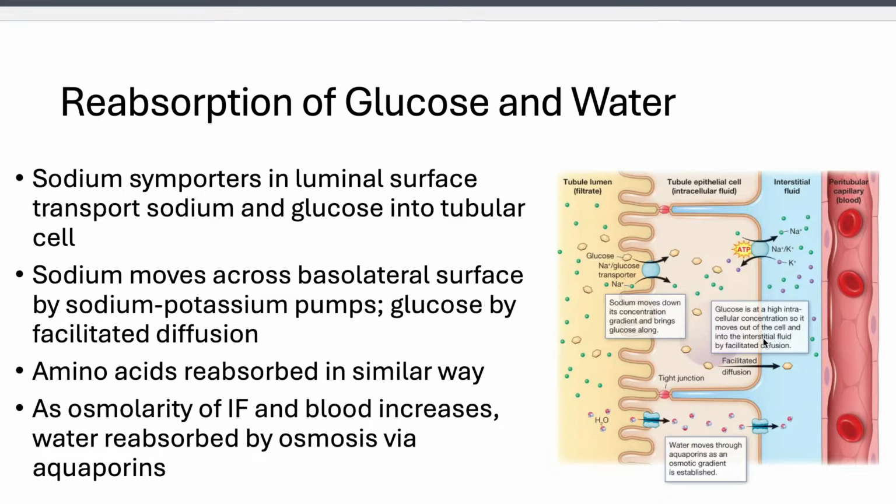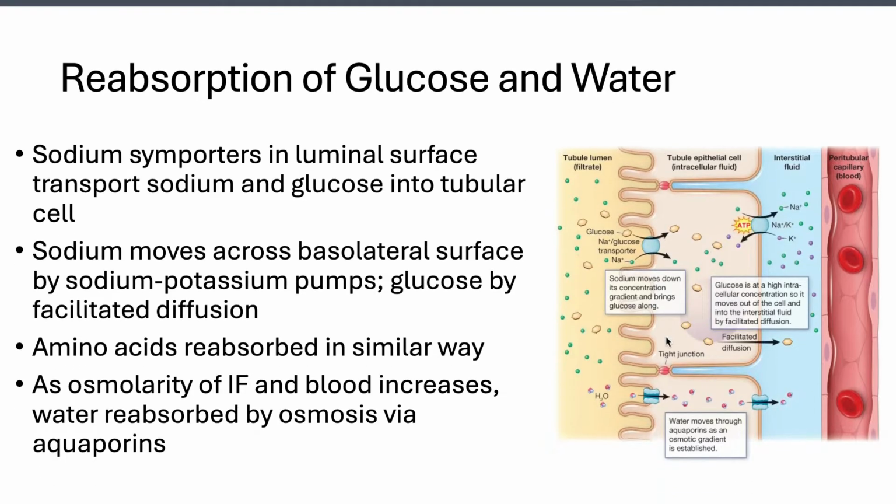So amino acids are reabsorbed in a similar way. As osmolarity of interstitial fluid and blood increases, water is reabsorbed by osmosis via aquaporins. All right. So now let's read this just for some more information. Sodium moves down its concentration gradient and brings glucose along.